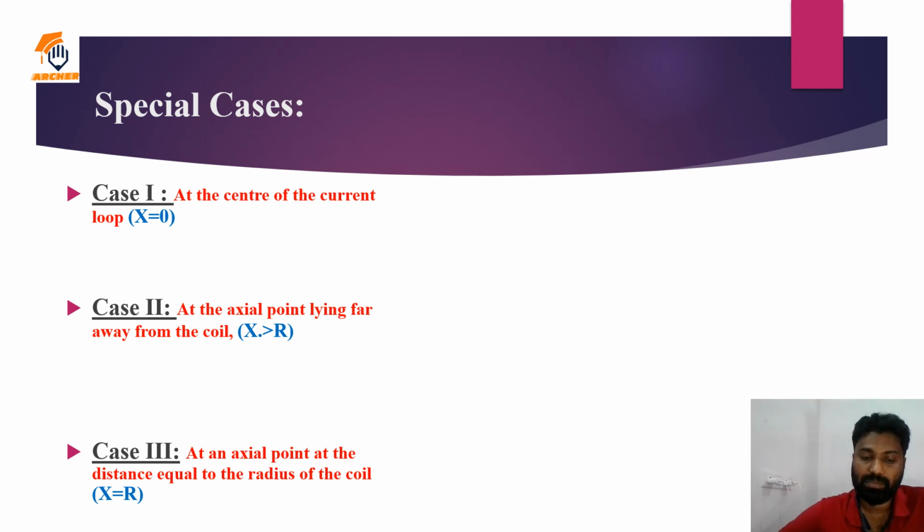So x is equal to 0 means our equation will become B is equal to mu 0 n I r square divided by 2 into r cube, since r square plus x square the whole raised to 3 by 2, with x equal to 0, will become r cube. So the equation is mu 0 n I divided by 2r.